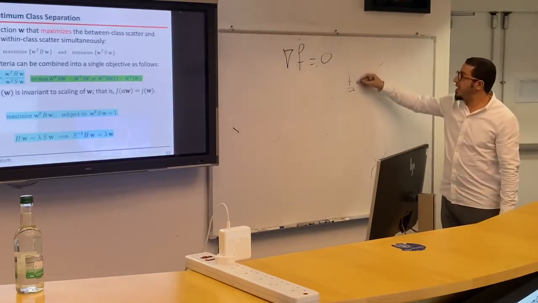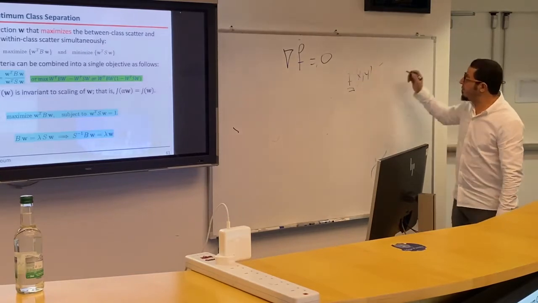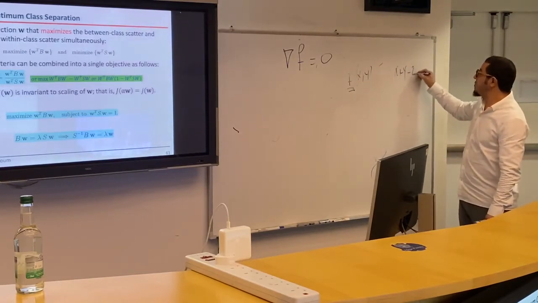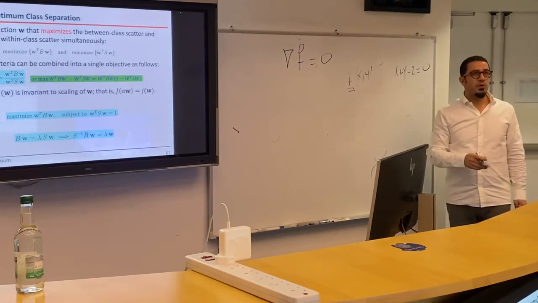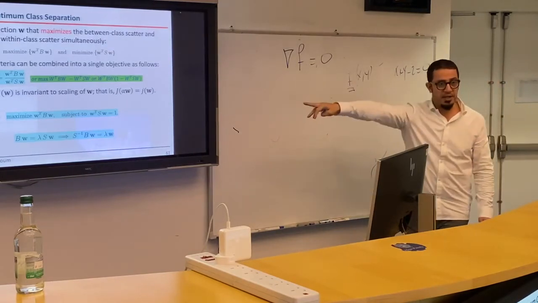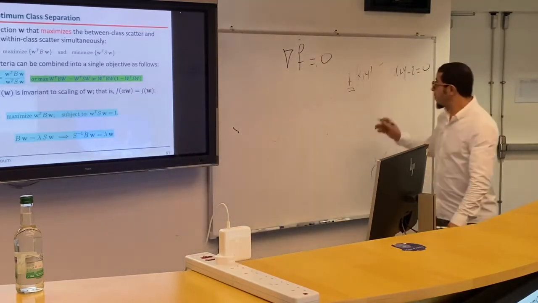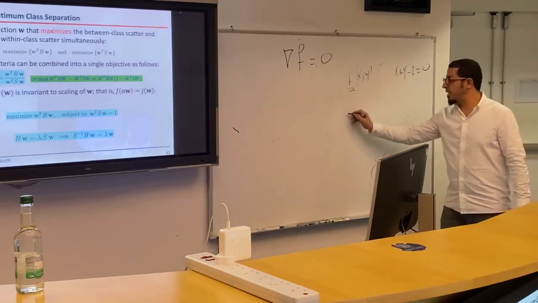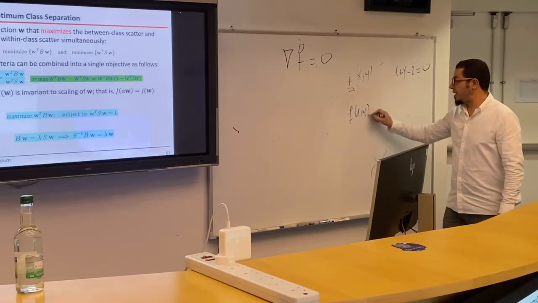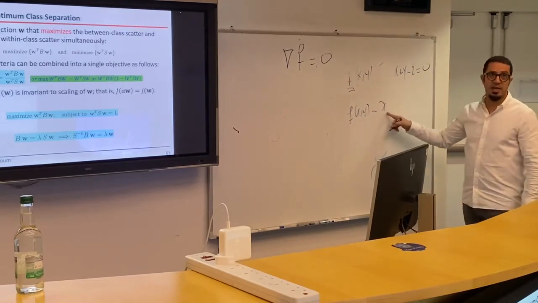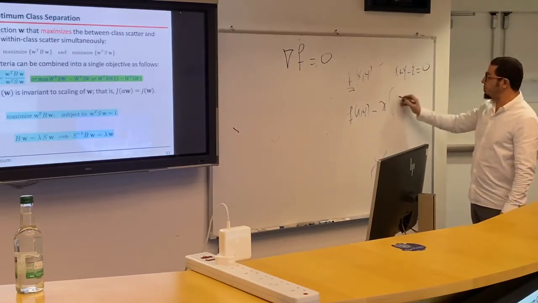For example, with x and y, I give you x plus y minus 2 should be equal to 0. You have to satisfy this condition, like here we have something that should be equal to 1. How will you do it? You just modify your function f(x,y). You add minus lambda times the constraint. This is the Lagrangian, and you put your equation like this.